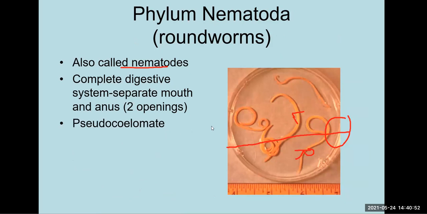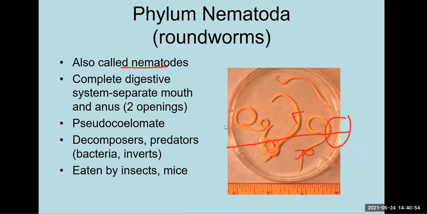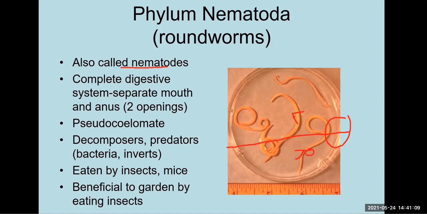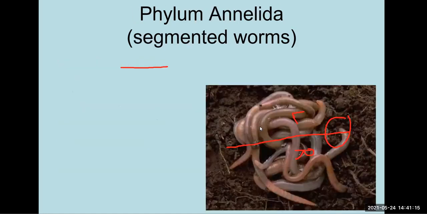They are called pseudocoelomate. They decompose, or they are also considered predators. They are eaten by insects and some mice. Garden roundworms are also good for the garden by eating the insects.